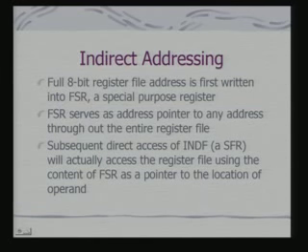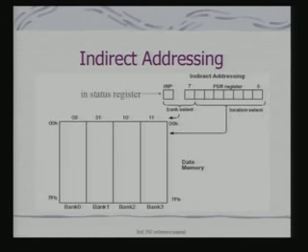The subsequent direct access of another special function register, INDF, will actually access the register file using the content of FSR as a pointer to the location of the operand. So, in this case, what it implies is that you first load the FSR register with the value.